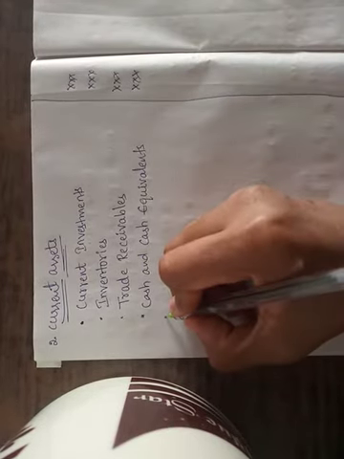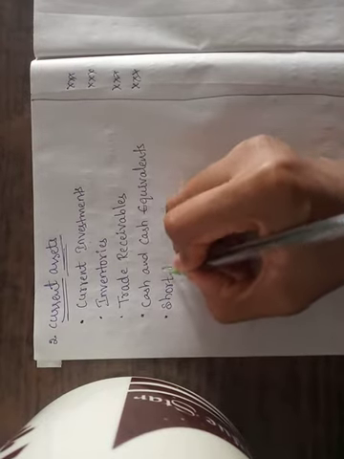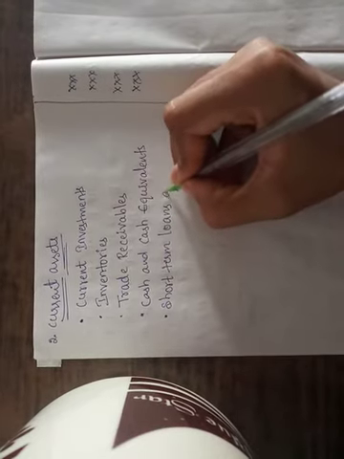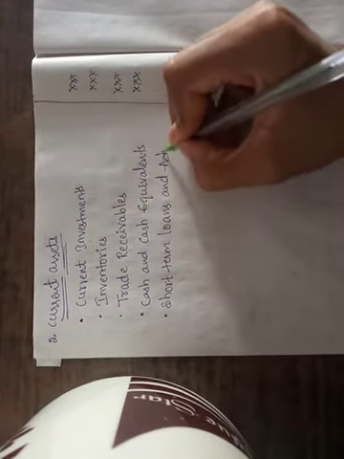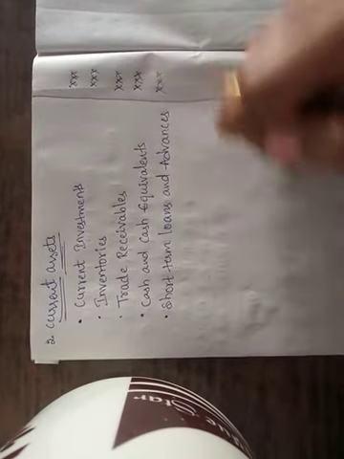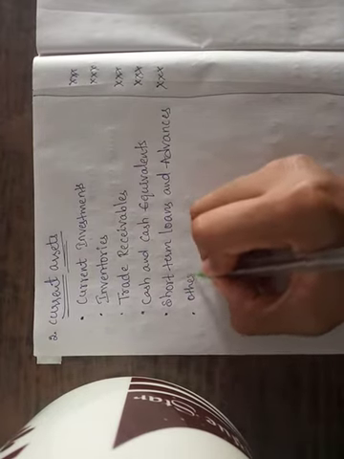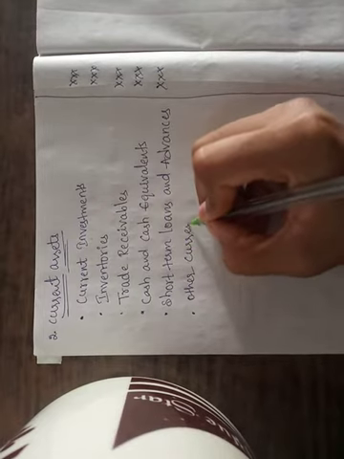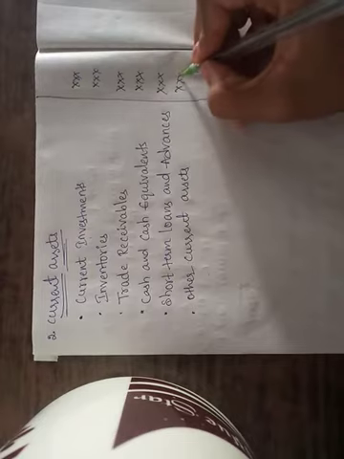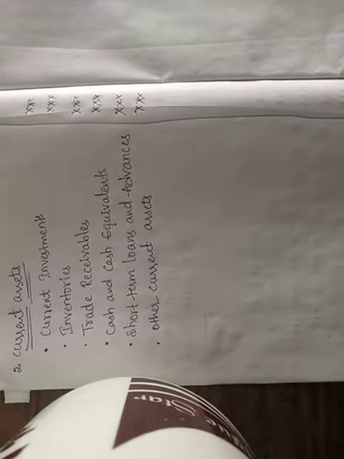Next is short term loans and advances. Next is other current assets. So these are some items that will appear in current assets.